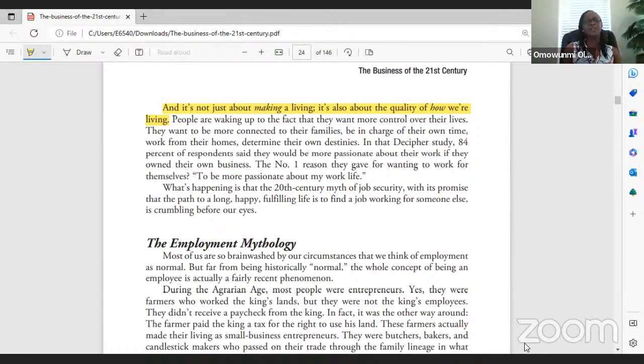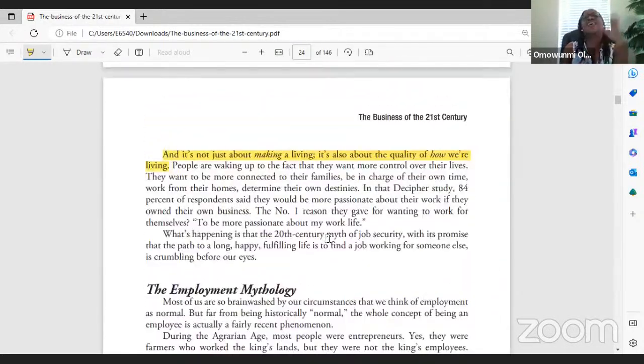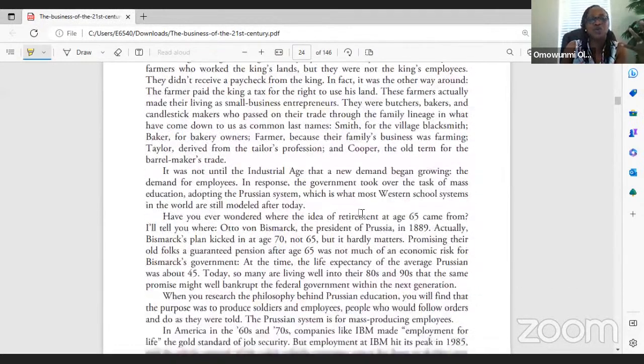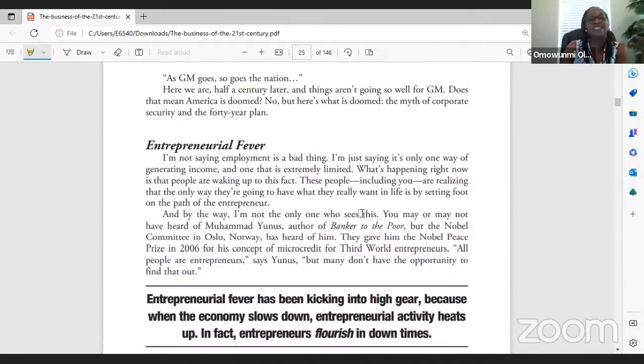So normally your employment is limited. There's a cap on the level of the quality of life you are able to live up to as an employee. All right.